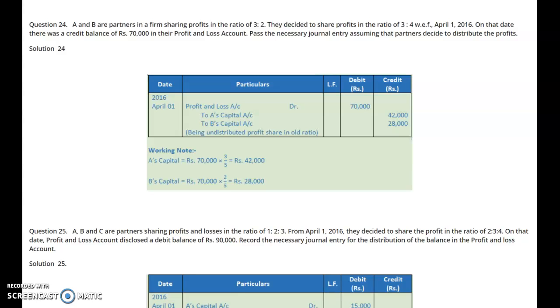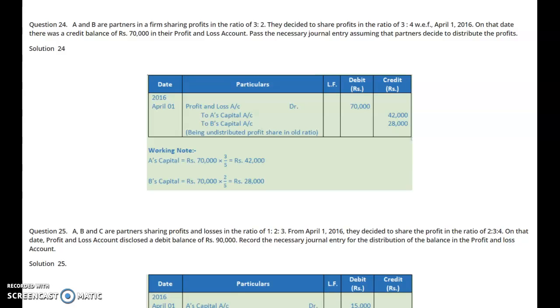Whatever the balance is, that is to be shared by the old partners in the old ratio. I repeat, in the first alternative, when the partners have decided to distribute the result or when nothing is mentioned, the only answer is that whatever the balance is, it will be shared by the old partners in the old ratio.